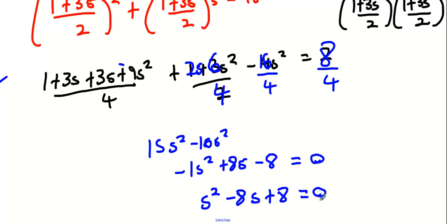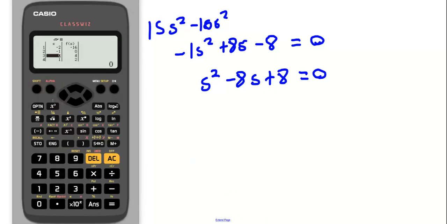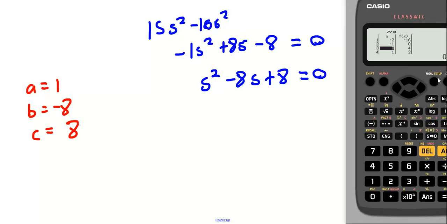Okay, I multiplied both sides by minus. And what I'm figuring out here is that there's no factors. Have to go to the minus b formula, okay? So it's going to be a is 1, b is minus 8, c is 8. Put that all into the calculator, okay?